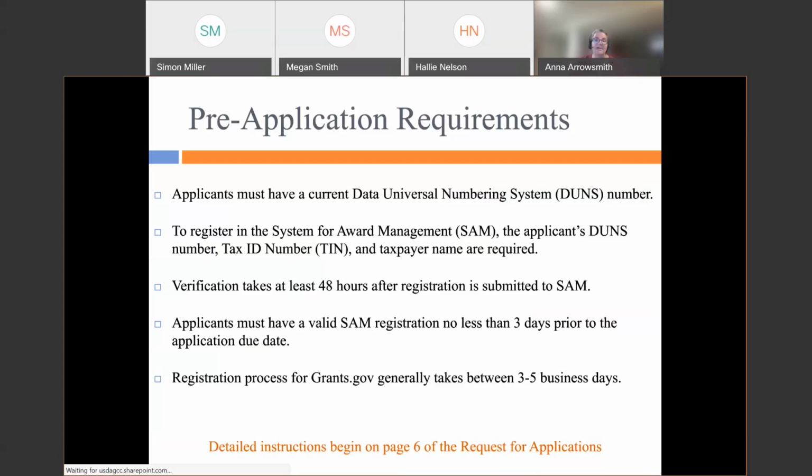So please allow yourself enough time to check these off your list early on. I've already received questions from people that the apply button is grayed out, and that means most likely that your registration with grants.gov is not complete. So you want to take care of that as soon as you can.